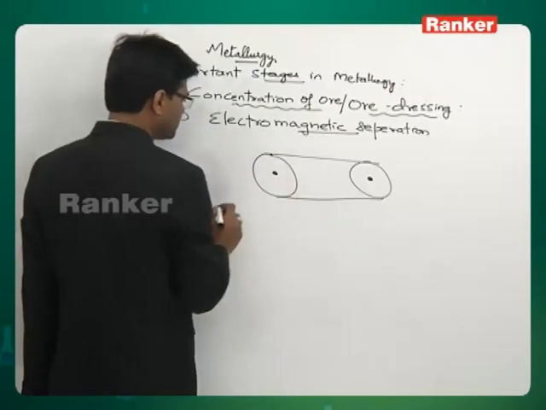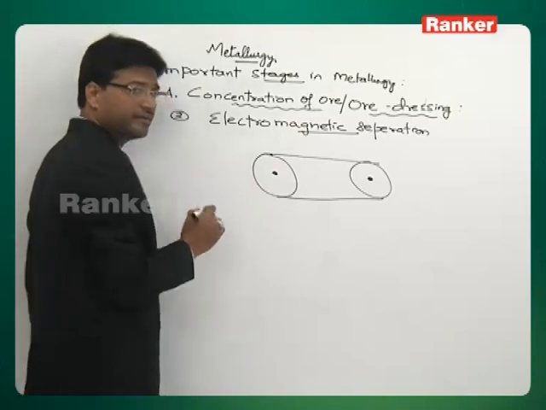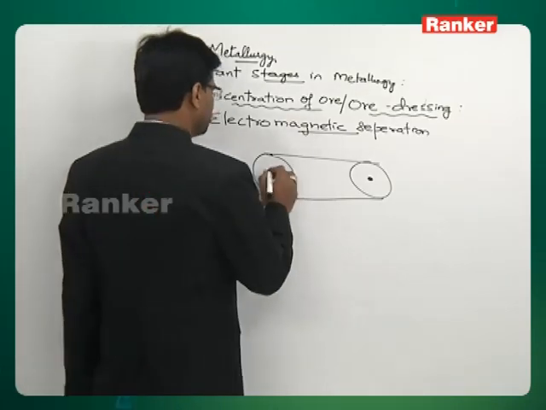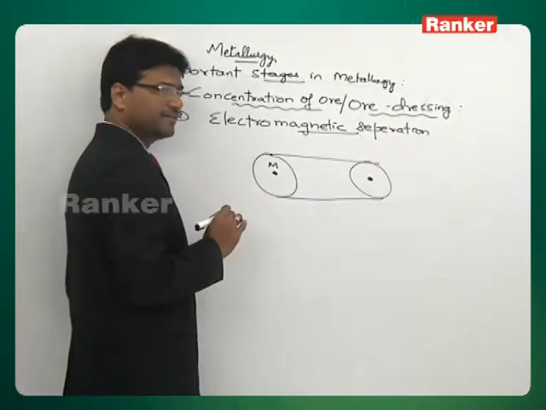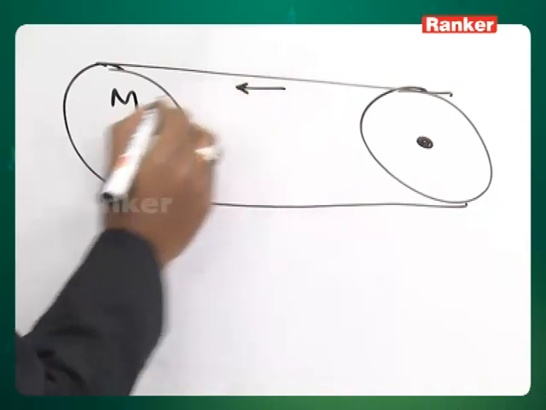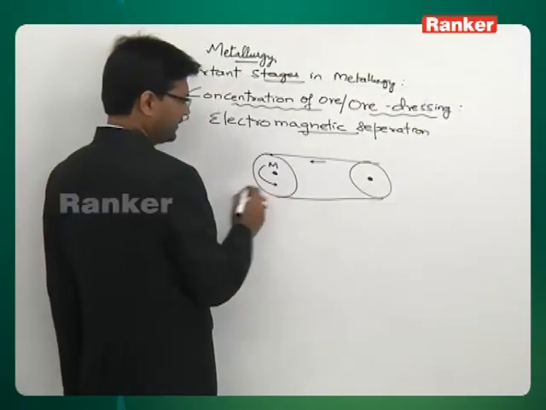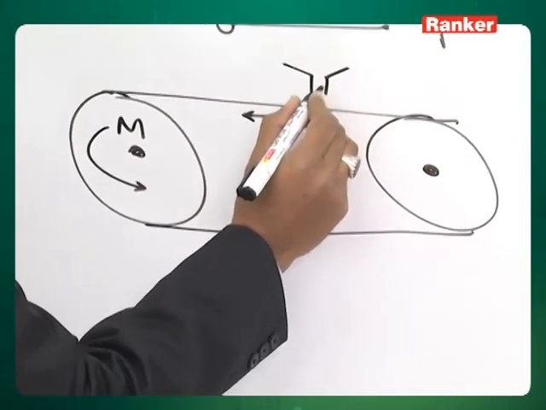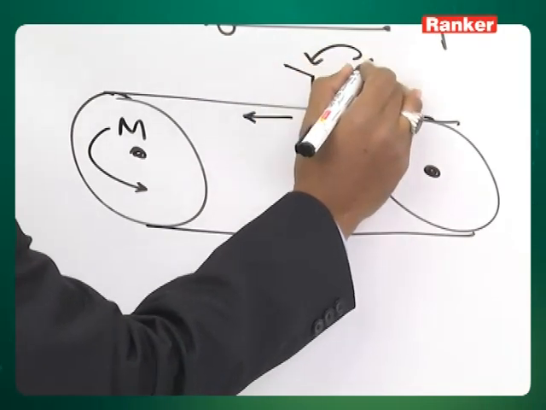These are the two rollers and they are connected through a conveyor belt. This is a magnetic roller and it is being rotated like this, and from here you introduce powdered ore.